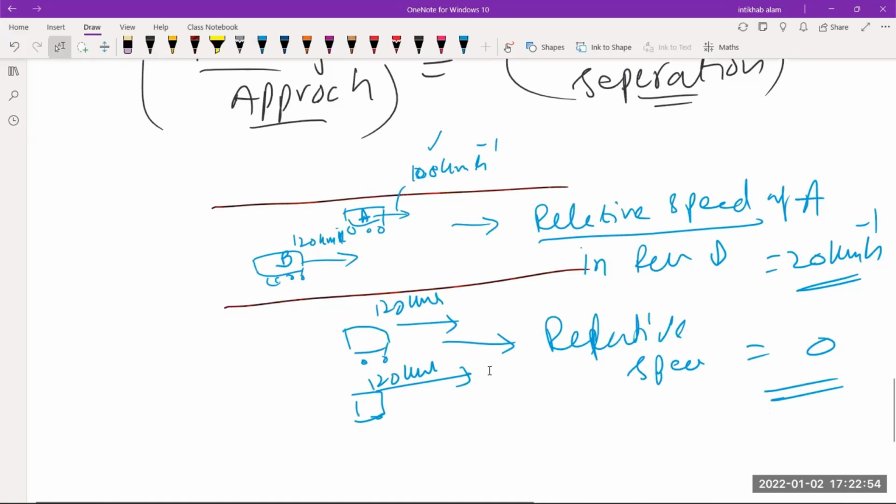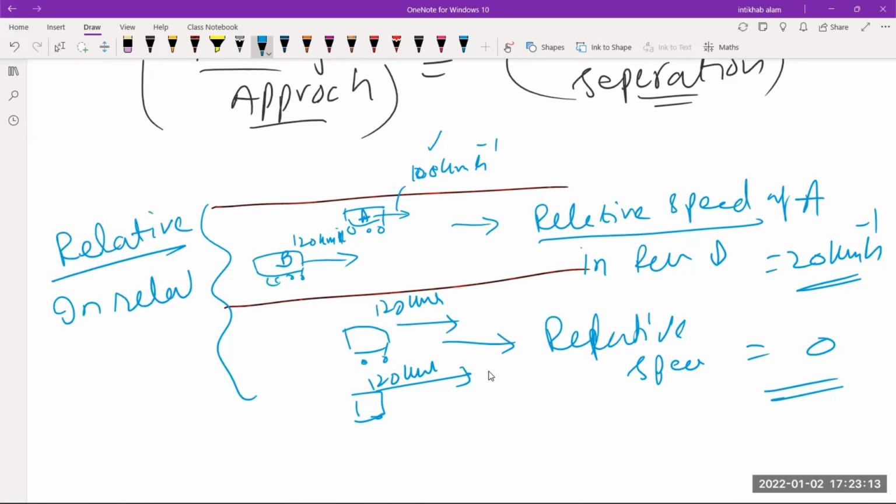And if you look towards that vehicle, it seems the vehicle is not moving. Have you observed it? This is called basically relative, in relation to another moving body.